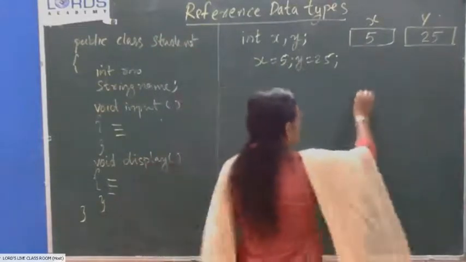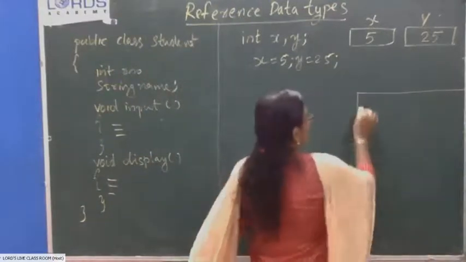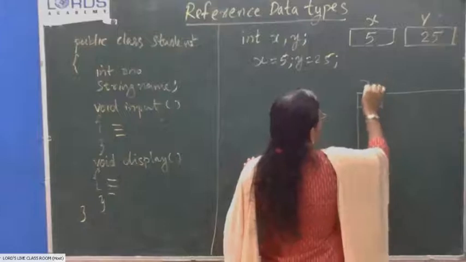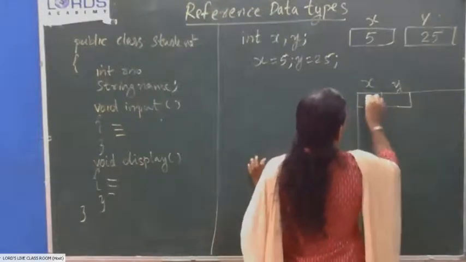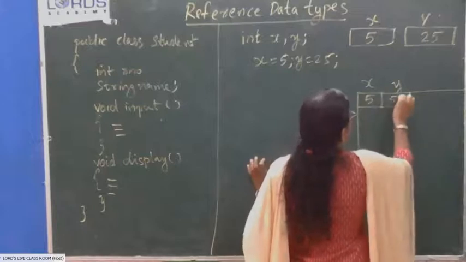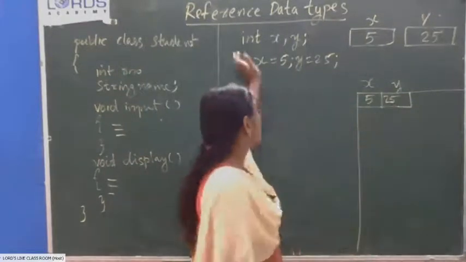Imagine this is the memory area. Here x is declared and stored, y is declared and stored, with values 25 and 5 in x and y.